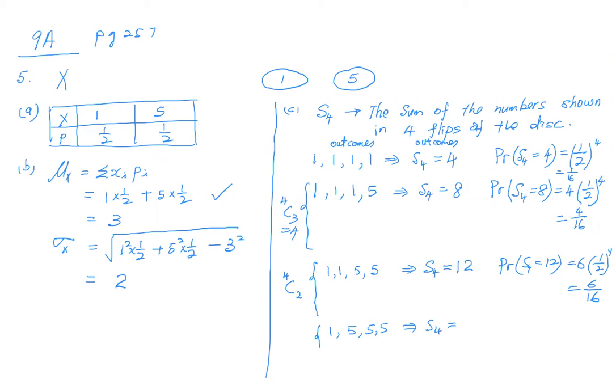Yes, 16. So how many ways can I get S4 equal to 16? It is 4C1. So I also have 4 ways of doing it. That is 4 times 1 over 2 to the power of 4. So it's 4 over 16. So the last one will be all are 5.